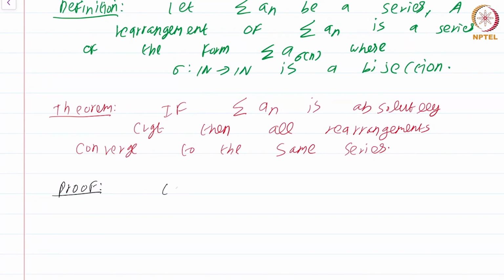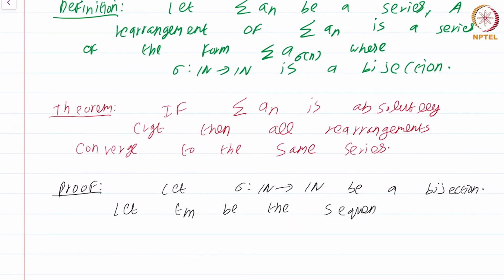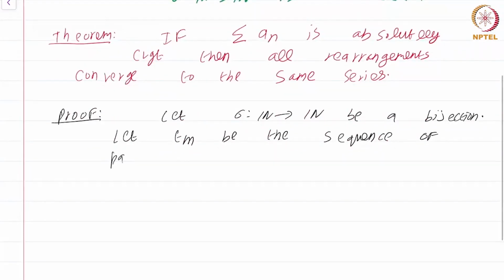So let sigma from n to n be a bijection. Let Tm be the sequence of partial sums of summation mod a sigma n.